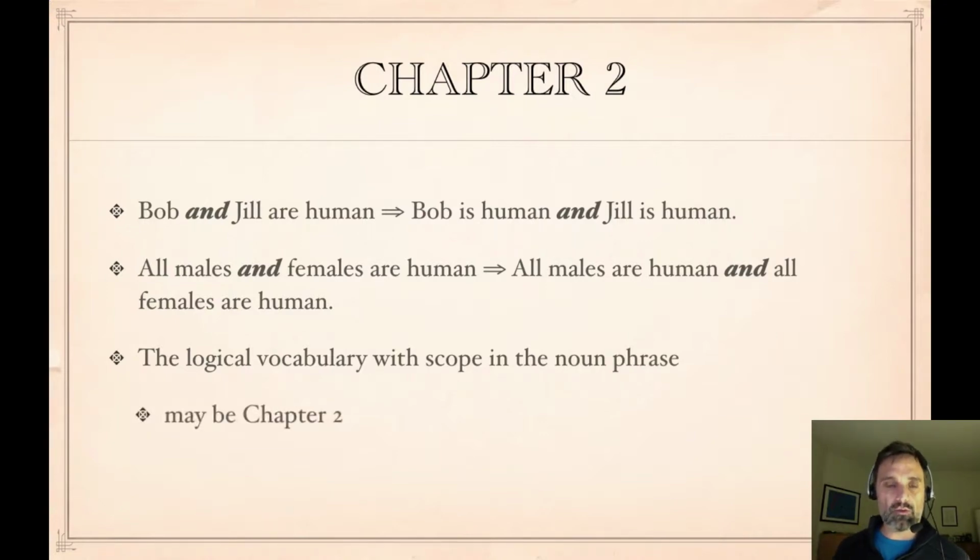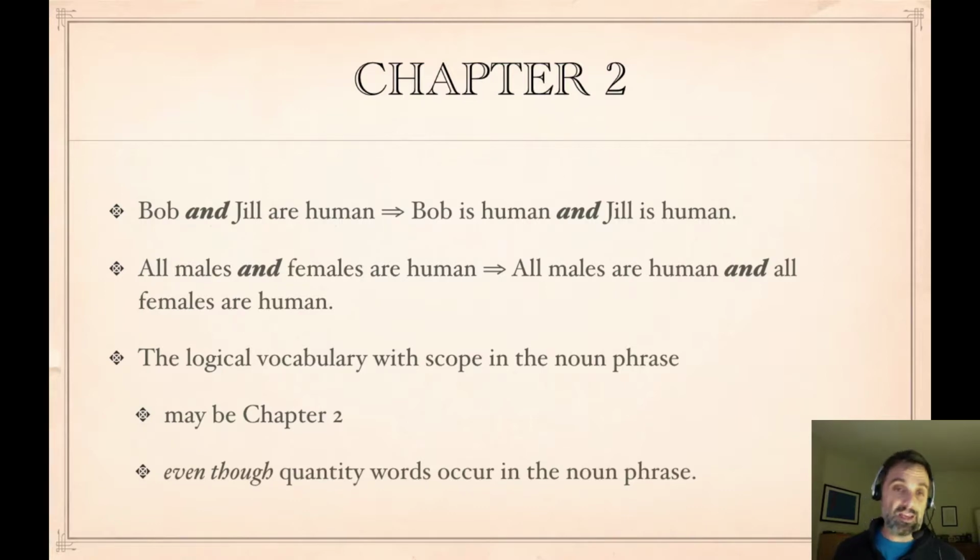So again, this is an example where the logical vocabulary with scope, if we look at the whole phrase at the beginning of the sentence, we get a connective out of it. In the case of every lonely novelist, it's a universal, but in this case, it's a conjunction. And that's even though we have quantity words like all in the conjunction. So you need to pay attention. Which one are you going to do?